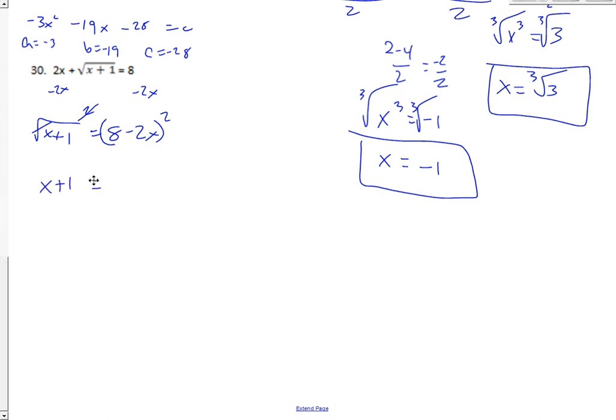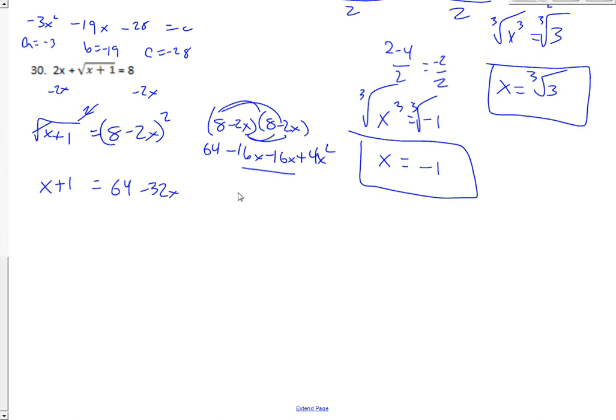And on the right, I need to write this out twice and FOIL it. So 8 minus 2x, 8 minus 2x, I'm going to get 64 minus 16x minus another 16x. And then negative 2x times negative 2x is positive 4x squared. So I get 64 minus 32x plus 4x squared.